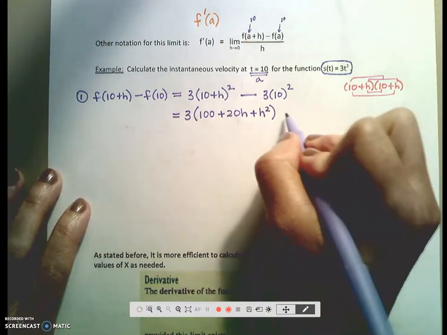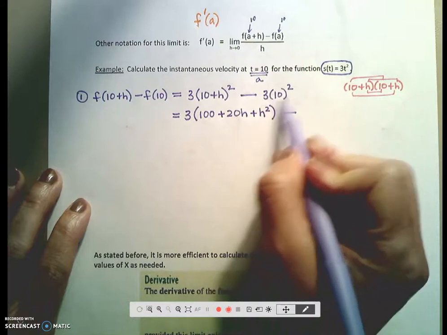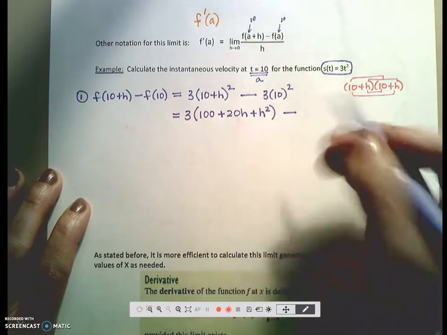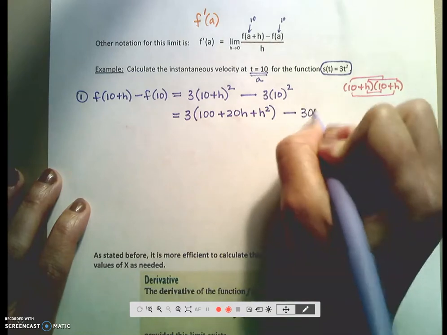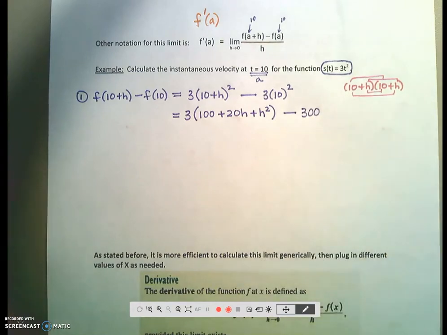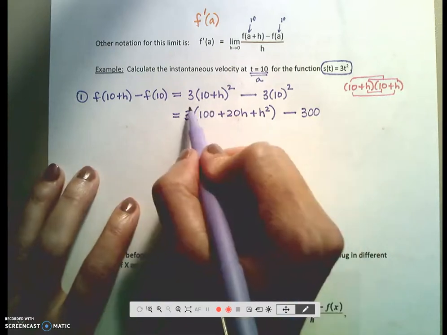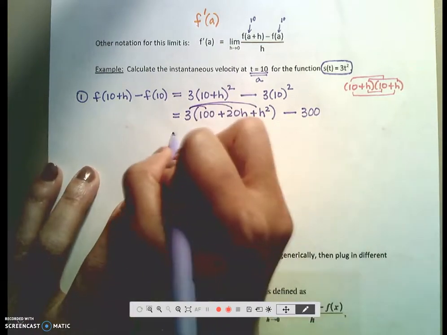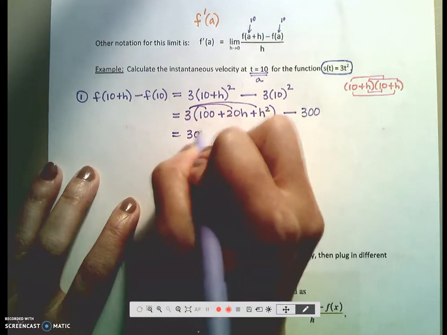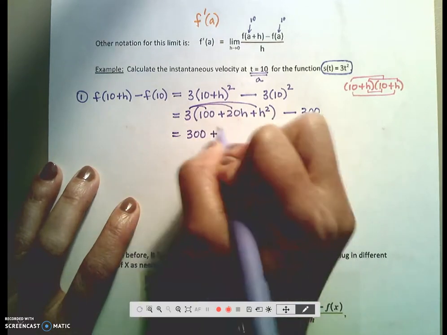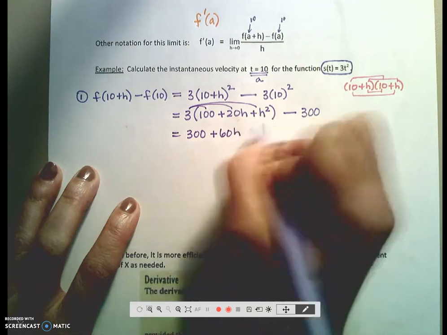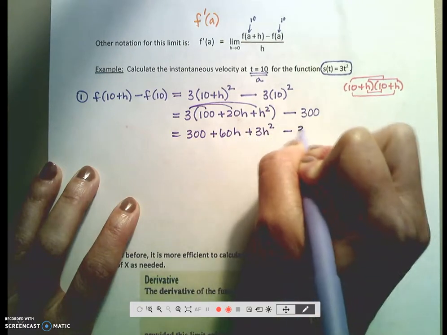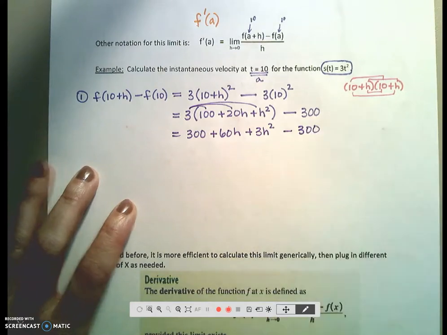Minus, this you might be able to do in your head. Do the exponent first. That would be 100 times 3, 300. Now what we need to do is distribute. I'm going to distribute my 3 through everything here in parentheses, and I'm going to get 300 plus 60h plus 3h squared minus 300.